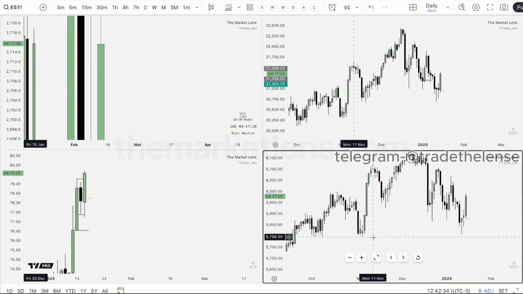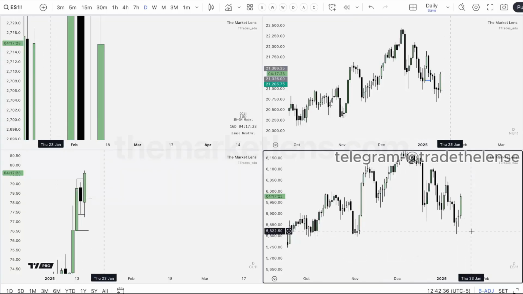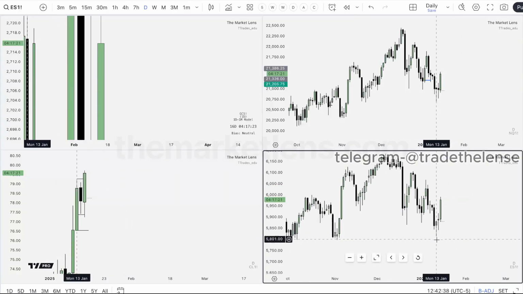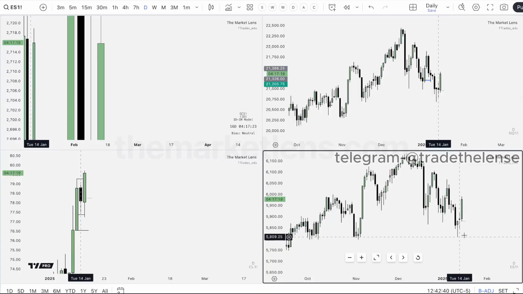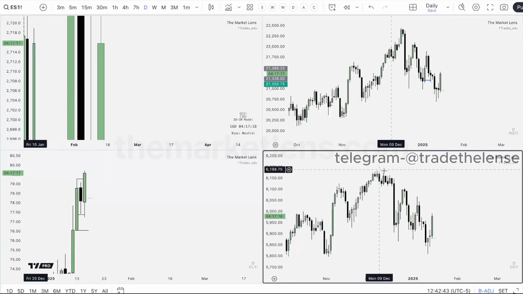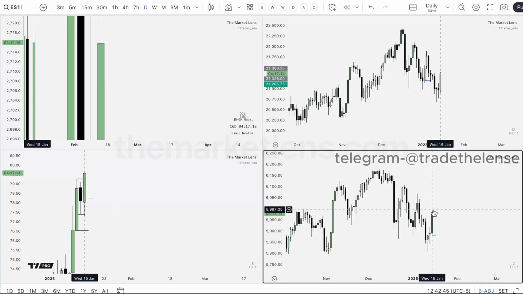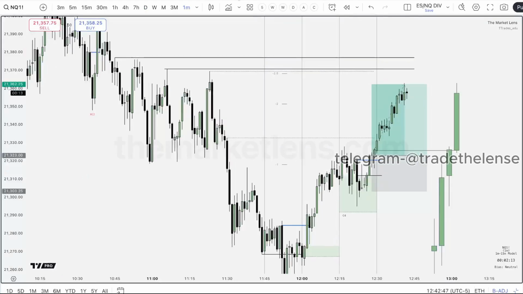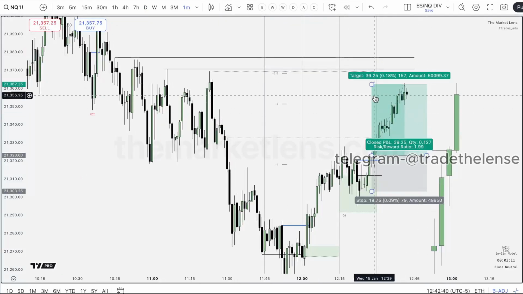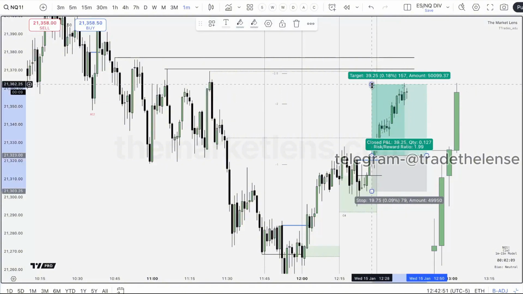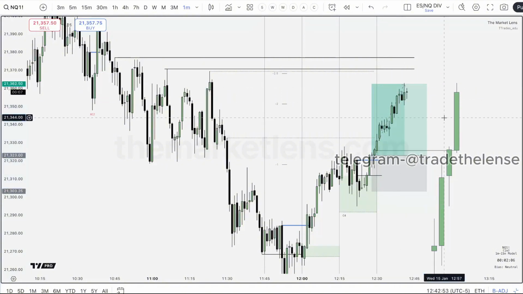So if we're just leaving all these equal lows, in the dream scenario it would have swept up these equal lows, and then I'd be long until these highs. But that's not what we got. Yeah, so cool. It would be 2R, right there.